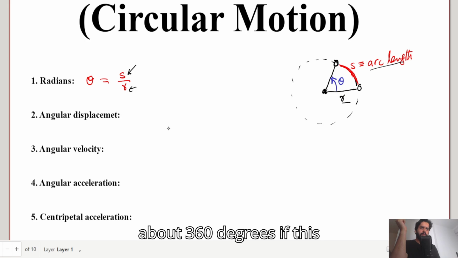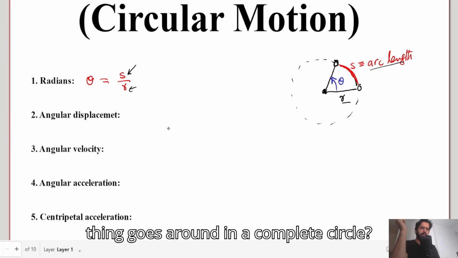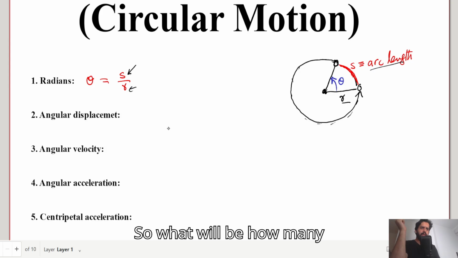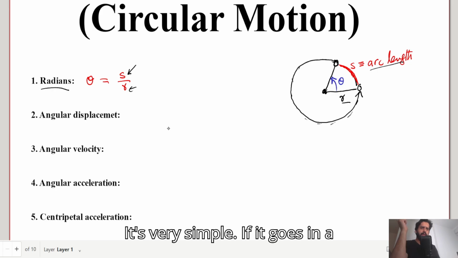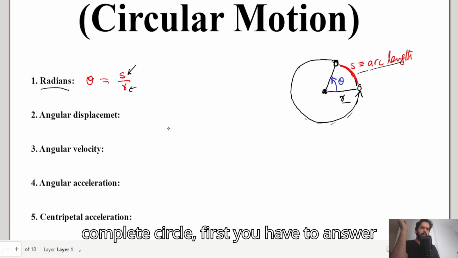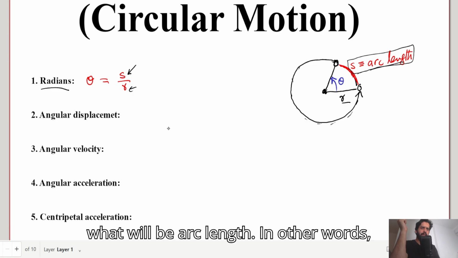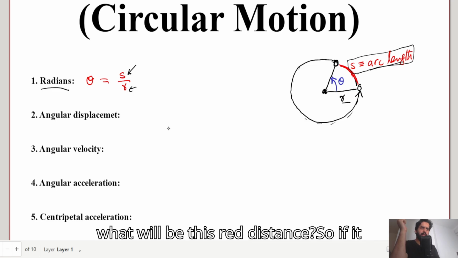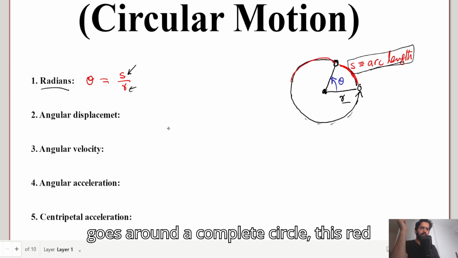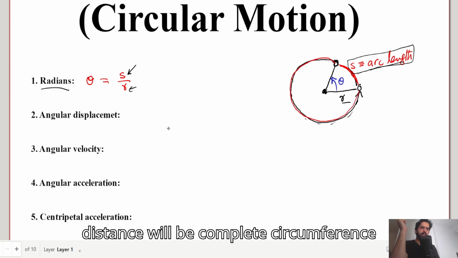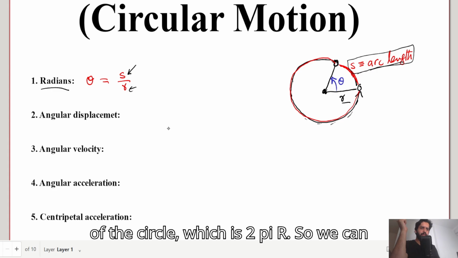What about 360 degrees? If this thing goes around in a complete circle, how many radians will we have? It's very simple. First you have to answer what will be the arc length. In other words, what will be this red distance? If it goes around a complete circle, this red distance will be the complete circumference of the circle, which is 2 pi r.